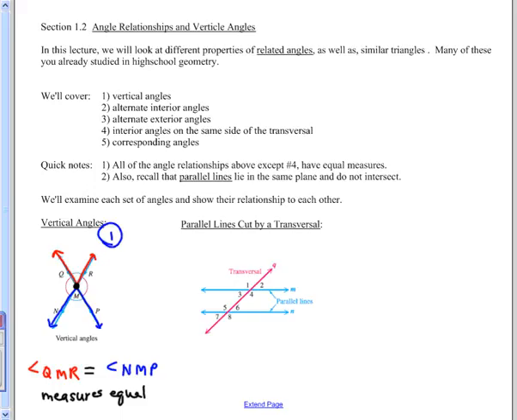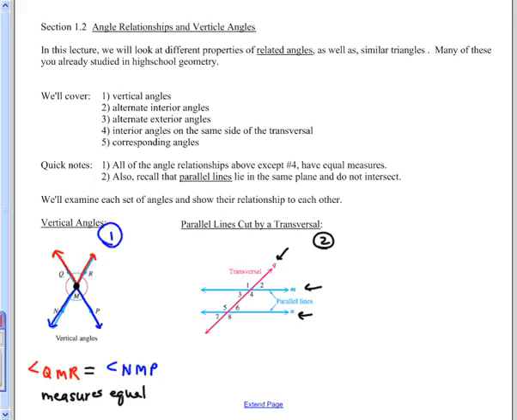Their measures, plural, are equal. Okay, for the next example and definition we have parallel lines M and N that are cut by a transversal Q. Transversal is just letting you know that it does cut those parallel lines. And we're going to look at the remaining 4 relationships of angles through this particular illustration.